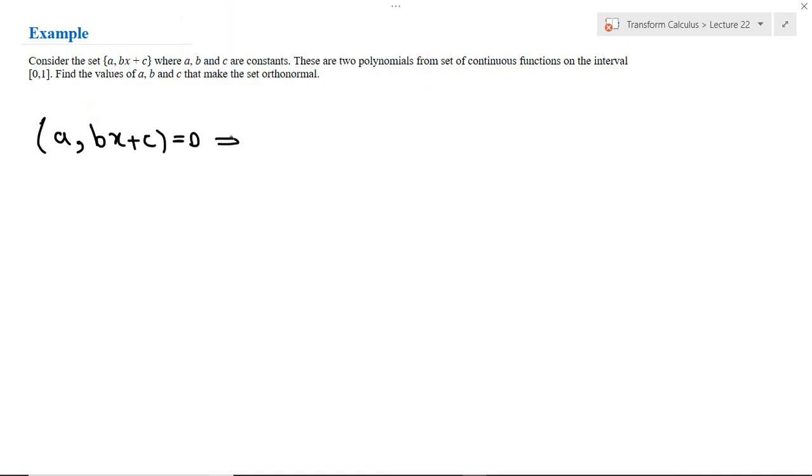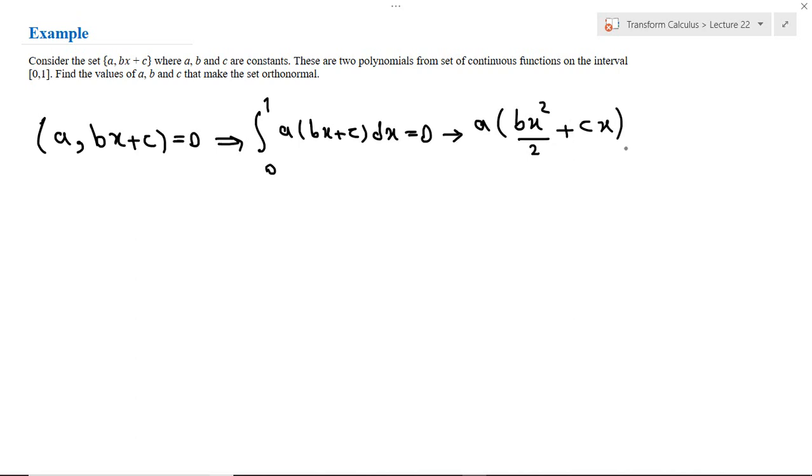Based on the definition, we have the integral from 0 to 1 of a times bx plus c dx should be equal to 0. As a result, a times bx squared divided by 2 plus cx from 0 to 1 should be equal to 0.